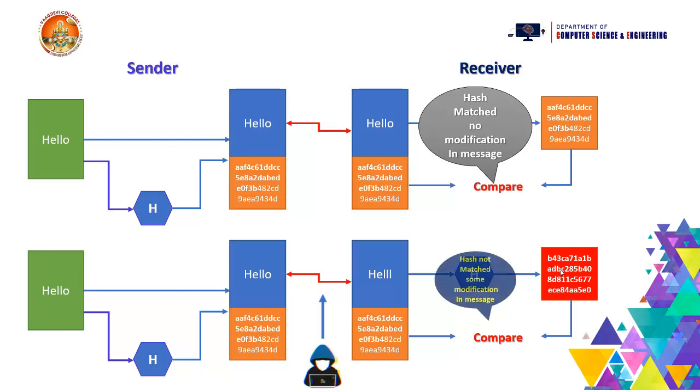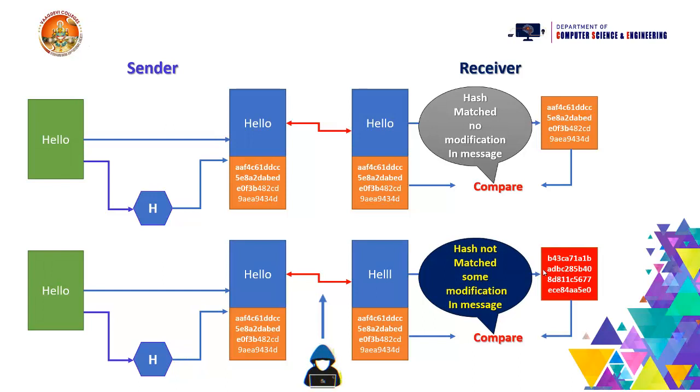The two hash values are different, so the hash does not match and some modification has been done on the message. In this way, the receiver identifies that the message is modified based on the hash value comparison. This is how the hash works to identify message modifications and provide the data integrity service.